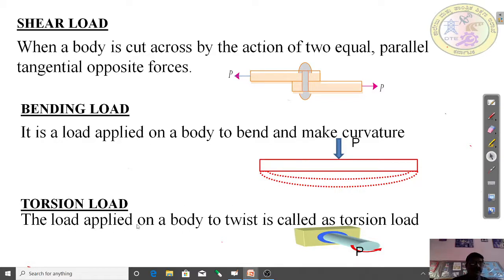Torsional loads. The loads applied on a body to twist is called as torsional load. Example, all shafts which are used to transmit power through pulleys, gears, etc. are subjected to torsional load.